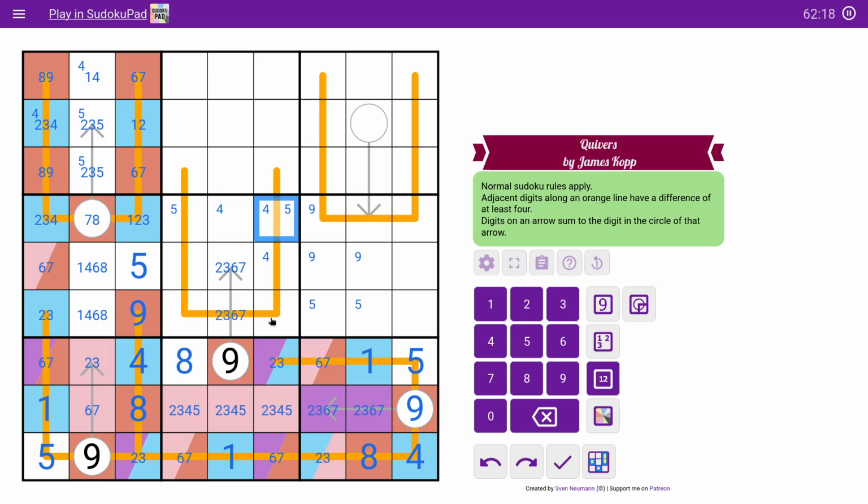Well, that is probably not the intended reasoning. But we got there.